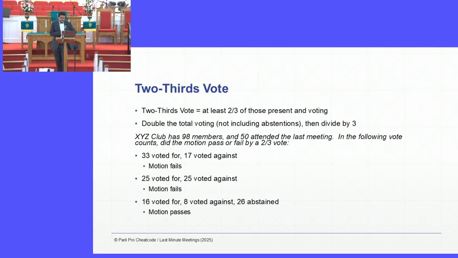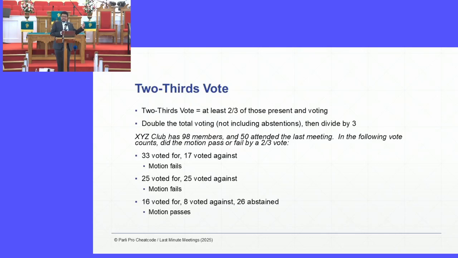I'm going to pull out my phone calculator really quickly. In the first example, we have 33 yes votes and 17 no votes, right? So let's add that up together. 33 and 17 is 50, right? We're going to times 2, that's 100, and divide by 3. 33.333333.